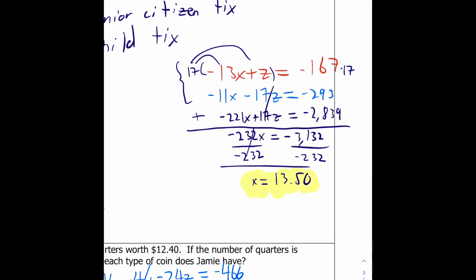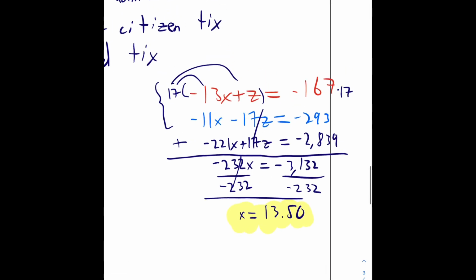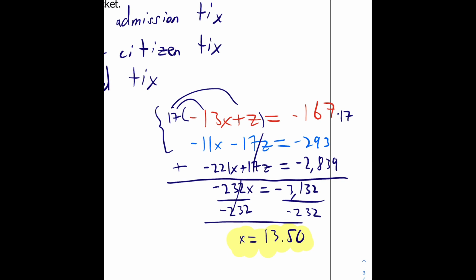I can plug this back in up here to this red equation, solve for z, so that'll give me negative 13 times 1350 plus z equals negative 167, so that original red equation there. Okay.